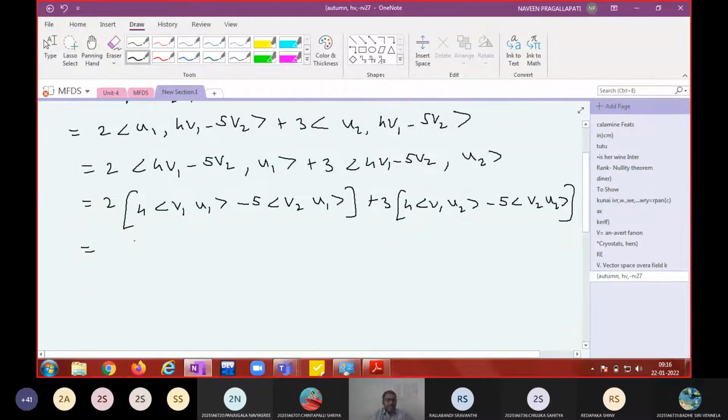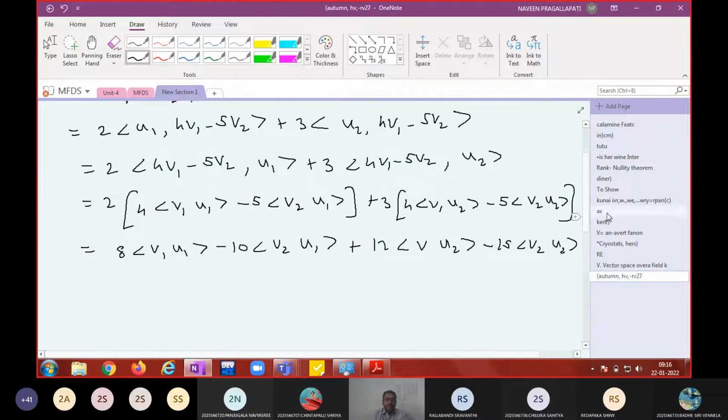So this is nothing but 4 2s are 8, 8 times the inner product of v1 u1 minus 10 times the inner product of v2 u1, plus 3 4s are 12 times the inner product of v1 u2 minus 15 times the inner product of v2 u2. Is that okay?